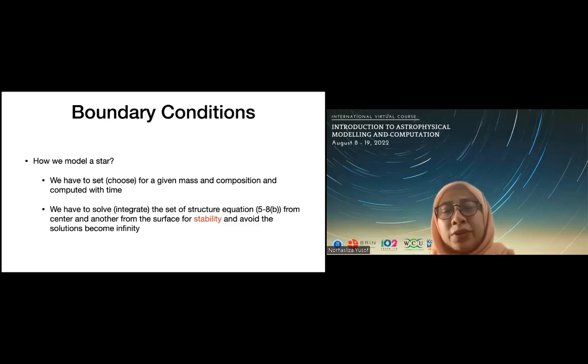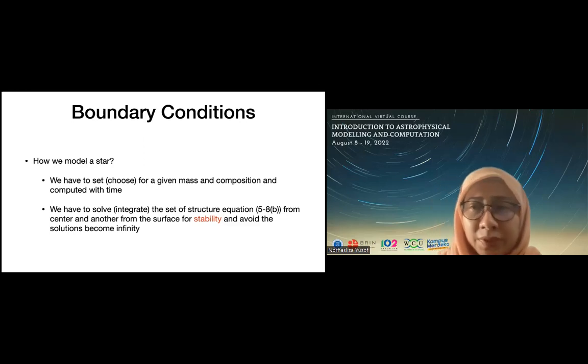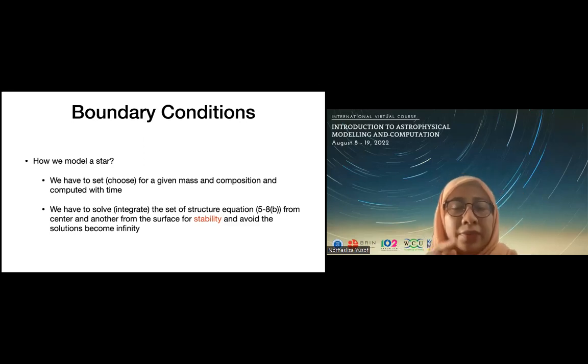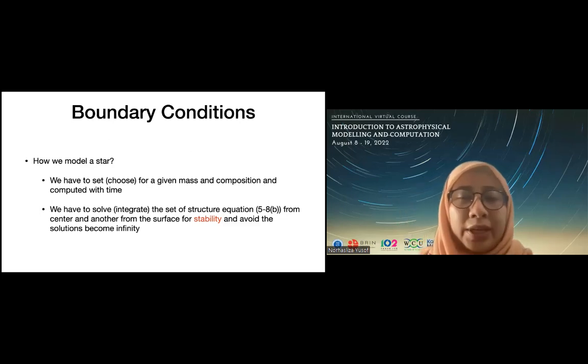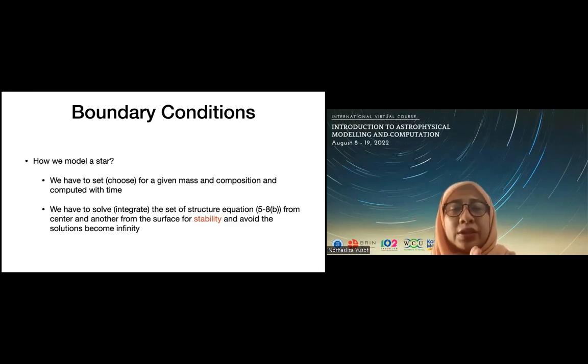We also want to avoid our solution becoming infinite, especially since we have 1 over rho. If rho becomes 0, our equation will become infinite, and then our code will crash. So we don't want to do that. In order to avoid that, we have to do it in two ways, and we will find the difference later on.